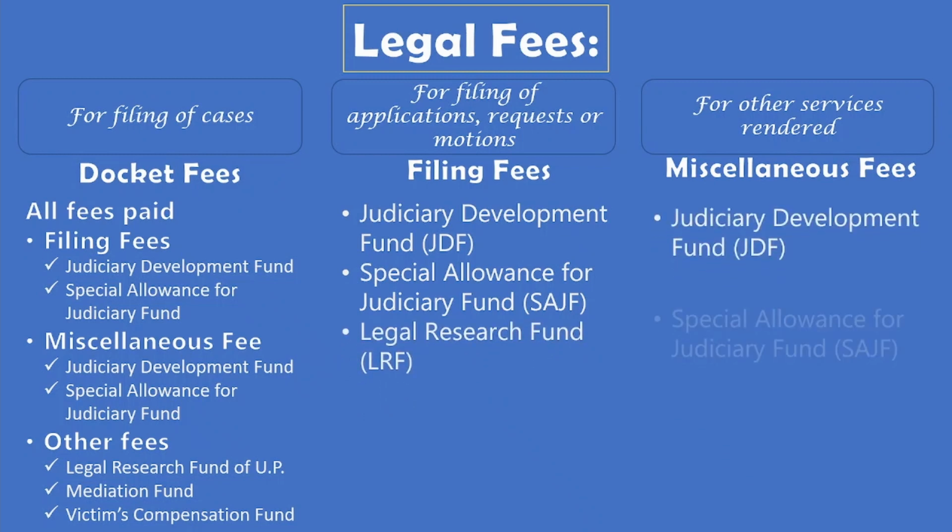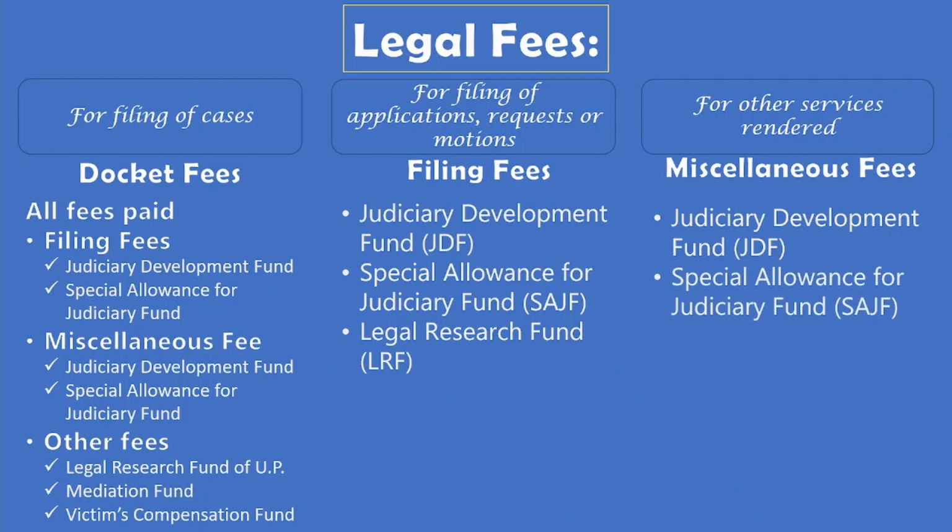For miscellaneous fees, only two funds, the JDF and SAJF. So this is the table. You can easily identify fees under Rule 141, and you can identify which cases or applications require collection of LRF. The first two columns should have a collection of LRF. For miscellaneous fees, no LRF.